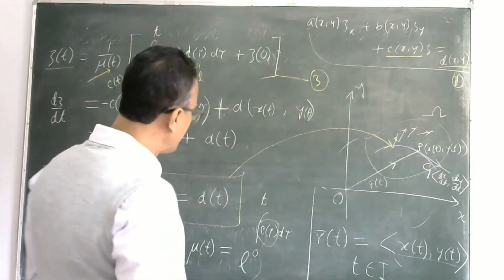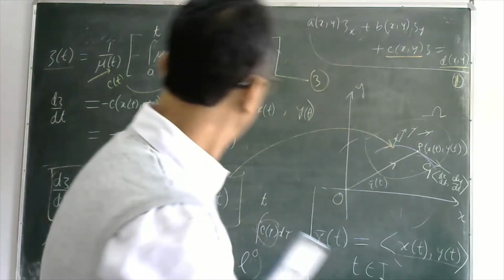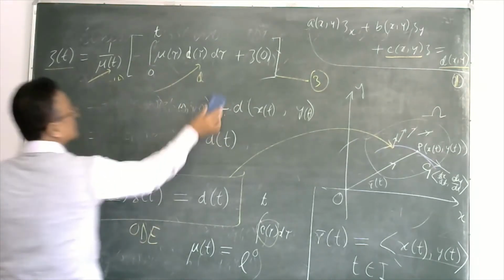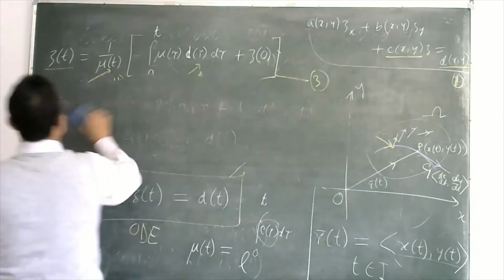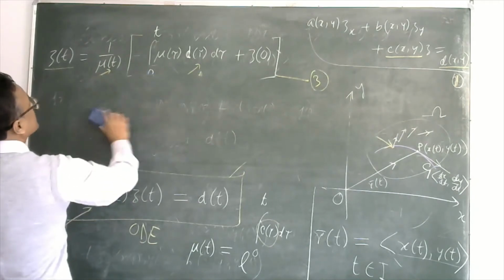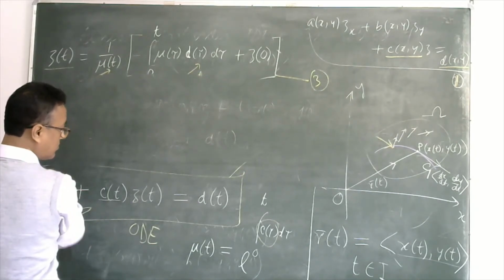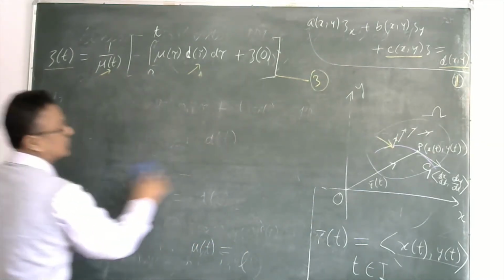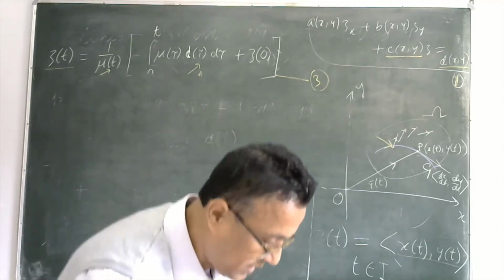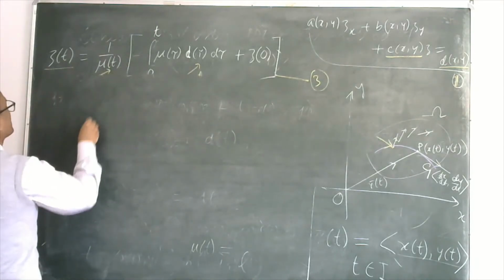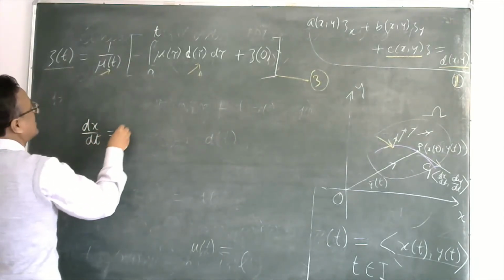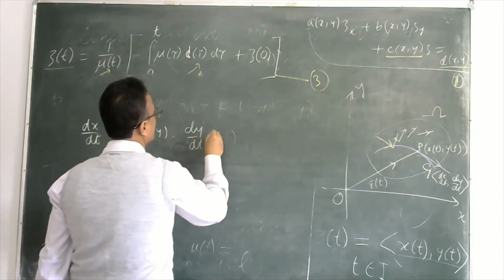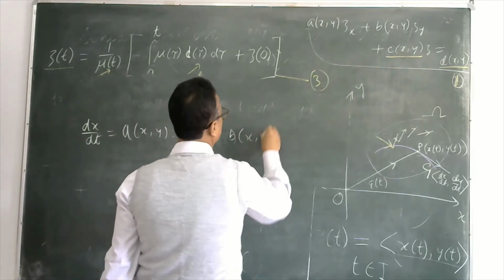So now let me come back to these equations. Say dx/dt equal to a(x,y), dy/dt equal to b(x,y).